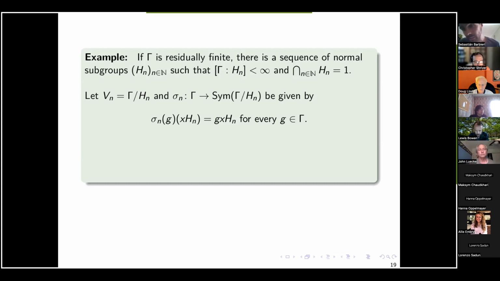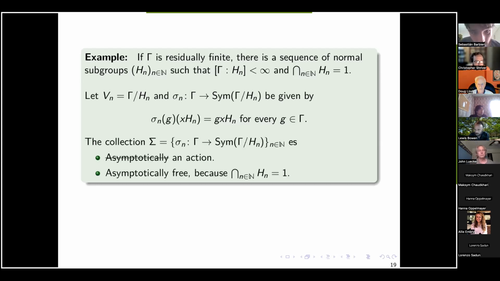And I can take this map sigma_n as just left translation. This is well defined because this thing is a finite group. So this is very nice. This collection is not actually asymptotically an action. It's just an action, point. And it is asymptotically free because the intersection of all these normal subgroups is trivial. So eventually, everyone is going to get into this finite set. Everyone's going to get represented non-trivially.